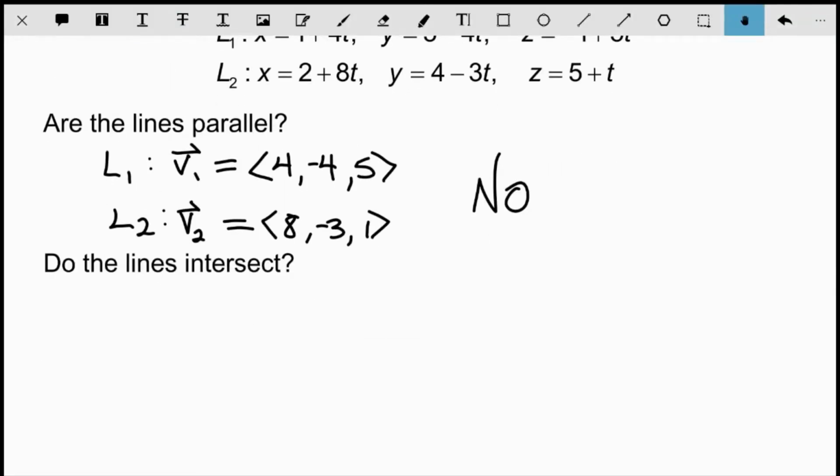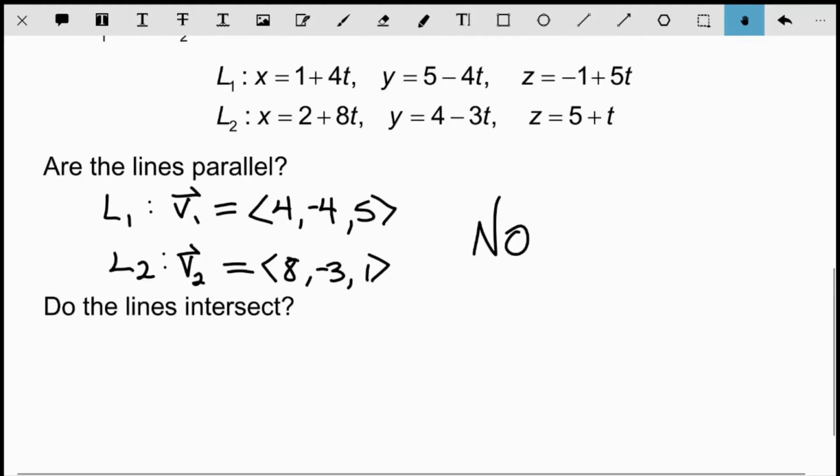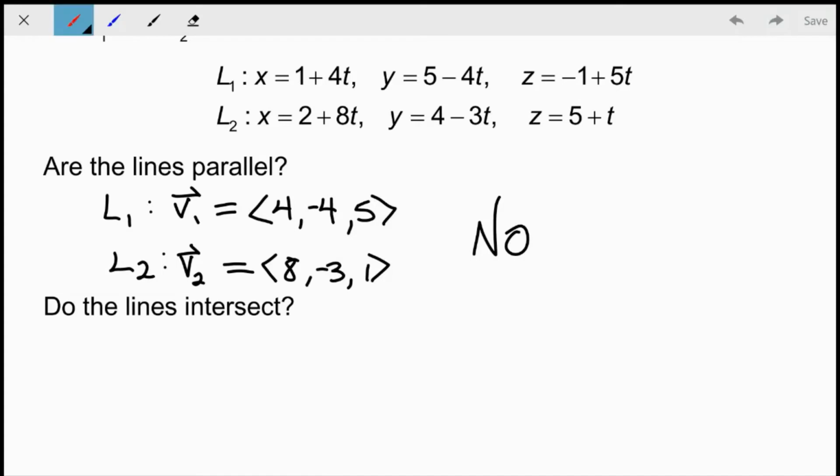The next question says, do the lines intersect? If I want to know whether or not the lines intersect, I have to check whether there is an intersection point. Remember, we're dealing in three-dimensional space here, so it's possible that these are what we call skew lines, meaning they're never going to cross. So I'm going to use the equations we have for L1 and L2 to try to figure this out, and I'm going to set up a system of equations. First I'm going to look at my x components.